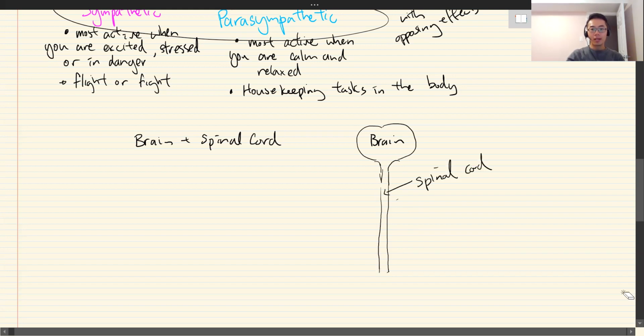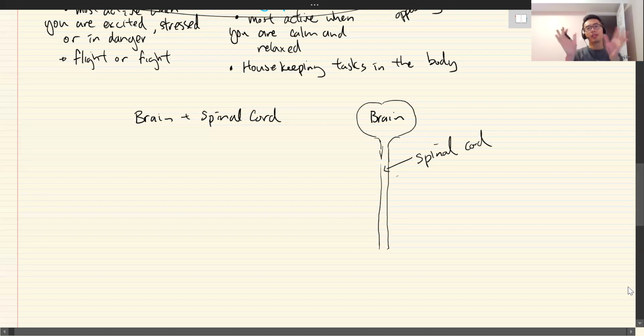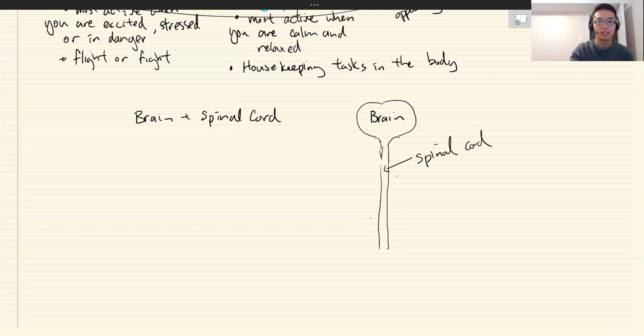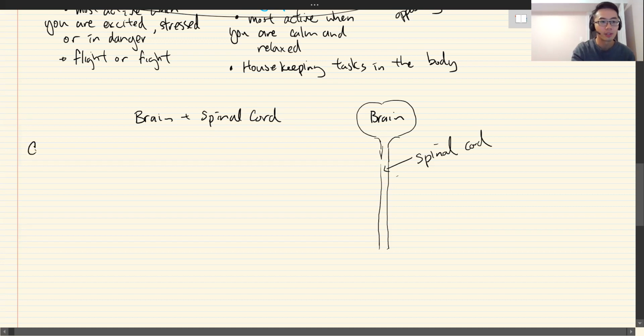I don't know if you know this, and we're not going to go into too much detail, but a little bit of background information. Your neck here is called the cervical section. You have C1 to C7.